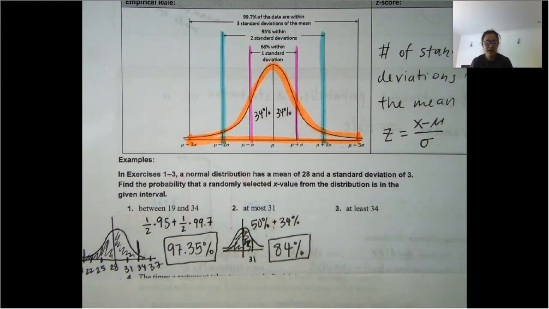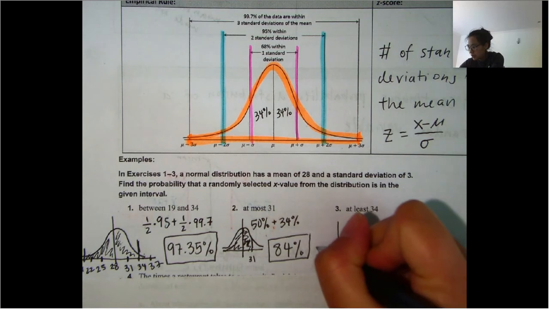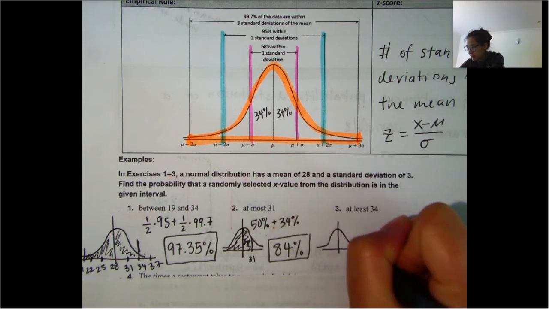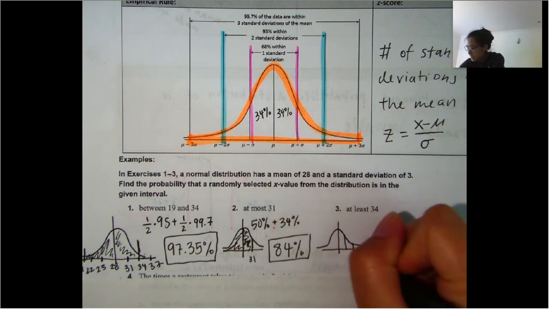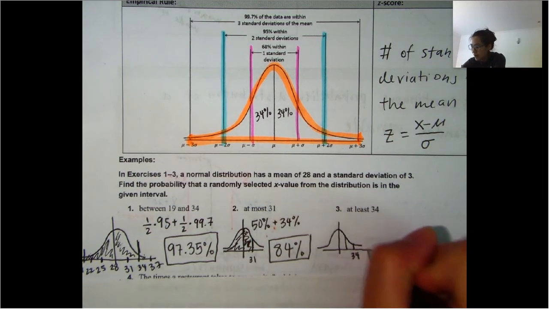For number 3, it says at least 34. Again, we draw our little normal distribution curve. 34 is 2 standard deviations away, and it says at least 34, so we want what is above it.